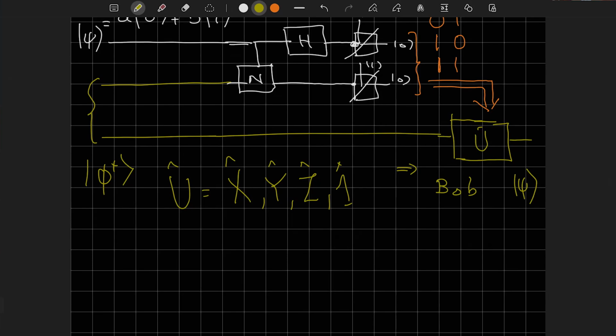The measurement is being used to do something useful, so measurement is playing an important role here. Likewise, the same idea can be translated into doing computing with measurements, which is measurement-based quantum computation. So now let's shift gears a little bit.